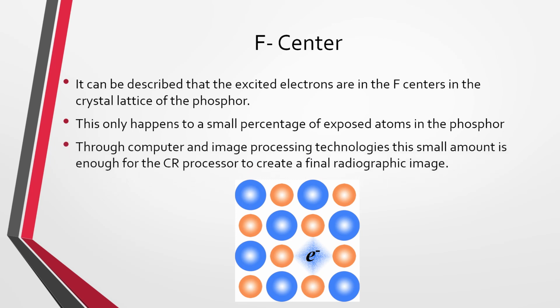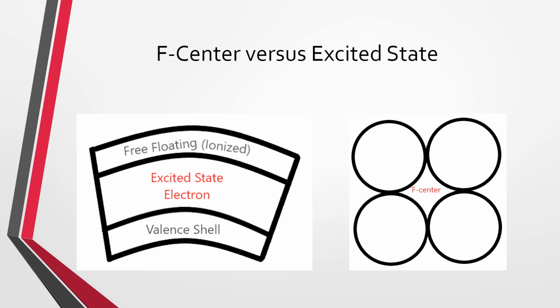Through computer and image processing technologies, a small amount of the electrons that will enter the higher state are enough for the CR processor to create the final radiographic image. We'll go ahead and look at two different aspects of the same thing.